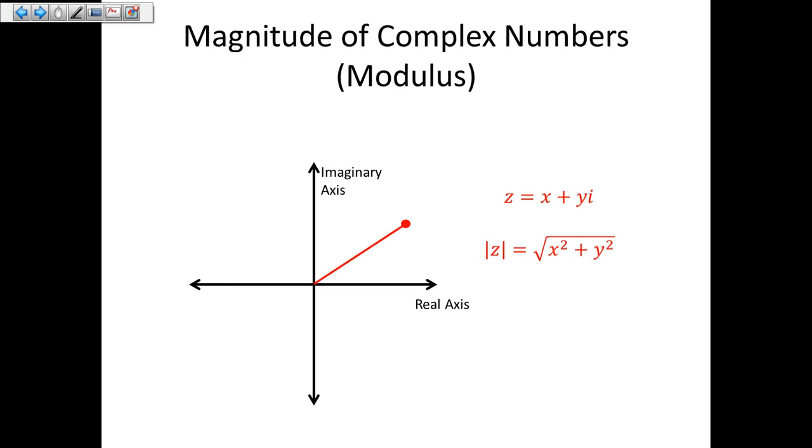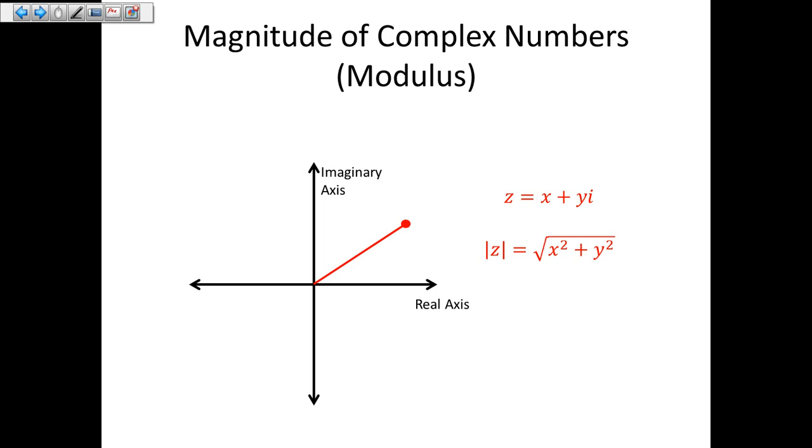Now the magnitude of this complex point is the distance. It's a real number. It's the distance from the origin to the point. Now finding distances on the Cartesian coordinate system isn't that big of a deal. If I asked you the distance from the origin to a point x comma y, you should be able to do that pretty easily. So finding this distance, the magnitude of the complex number, should not be very difficult.